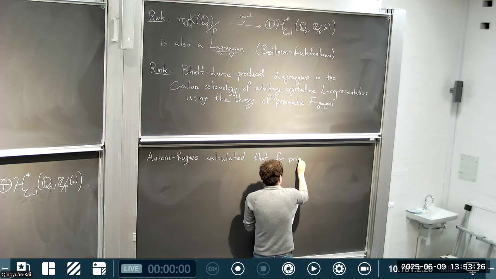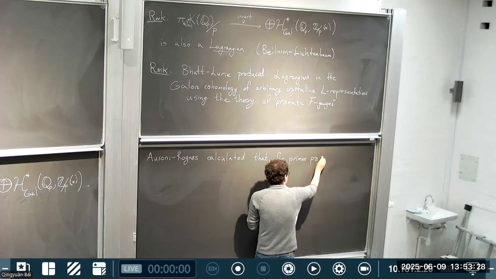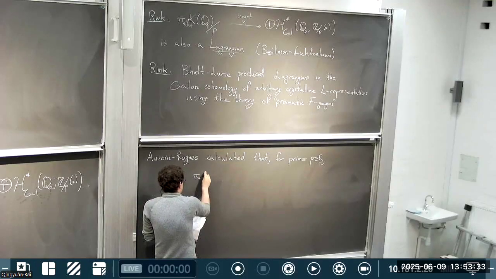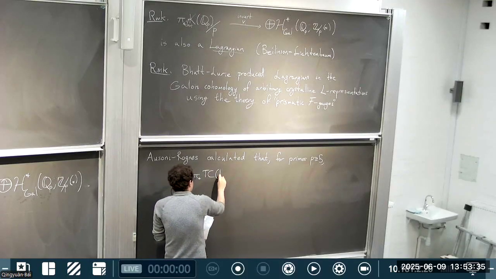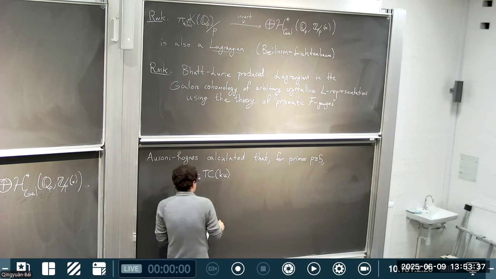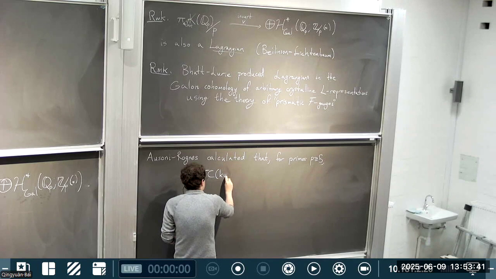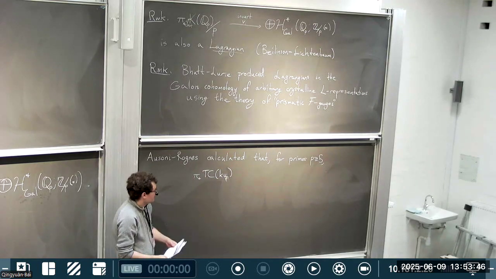You could look at the topological cyclic homology of AU, here meaning topological complex K theory, p-completed.